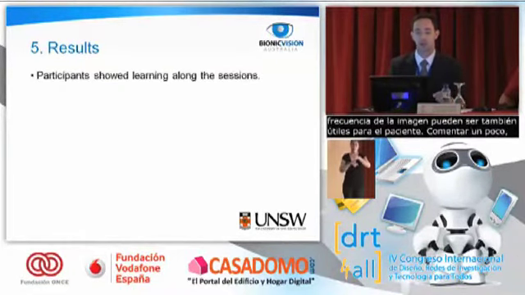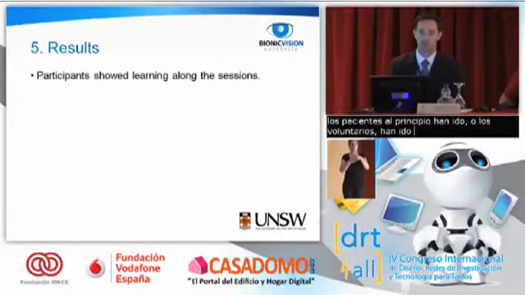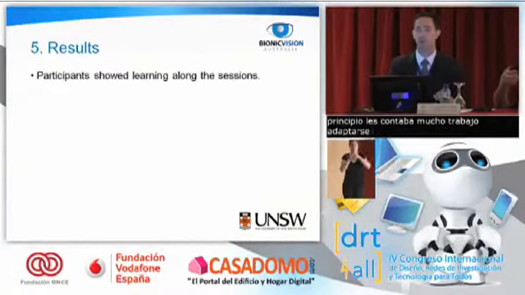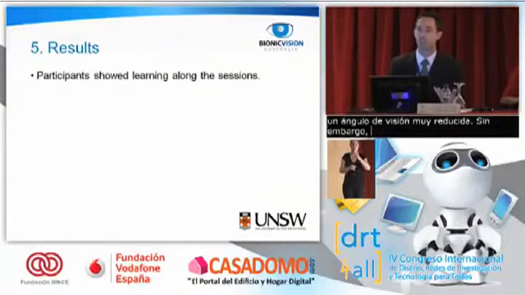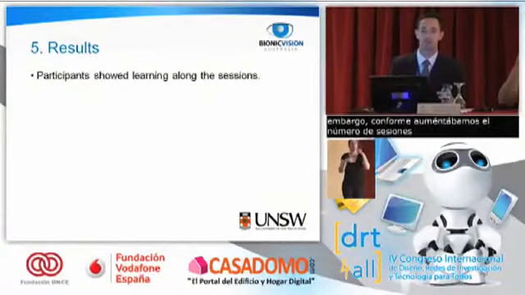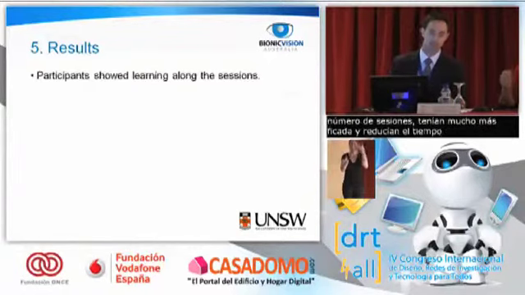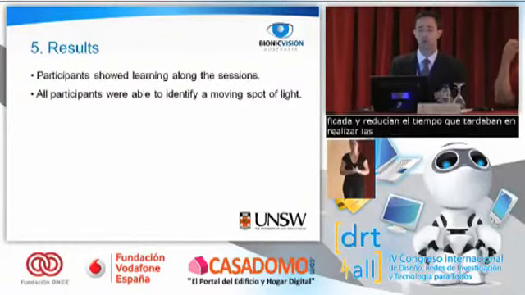I would like to also say that the volunteers that participated have evolved as well. At the beginning, they found it really hard to adapt to the new vision because the angle of vision is very limited. But as we were increasing the amount of sessions, they were faster in carrying out the tasks.